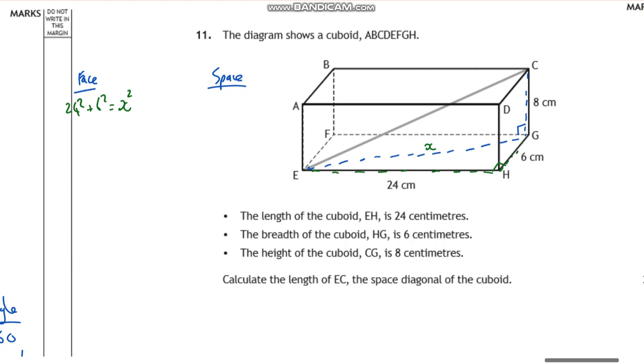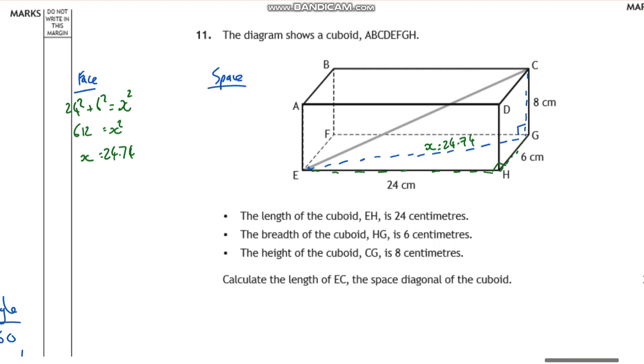So if I do that on the calculator, 24 squared plus 6 squared gives me 612. That's not my answer though, I need to square root it. So the square root of 612 is 24.74, I'll call it.